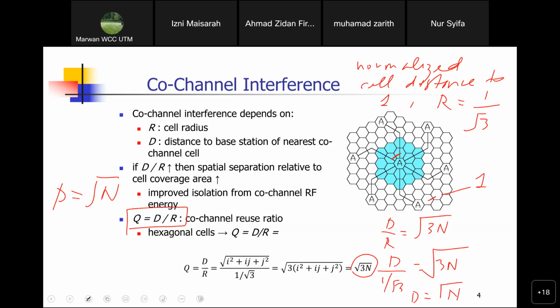So if n is bigger, that means D over R is going to be bigger. That will correspond to C over I being bigger. So that is the term used to evaluate our co-channel interference. Co-channel interference at the end is only related to distance. Clear?